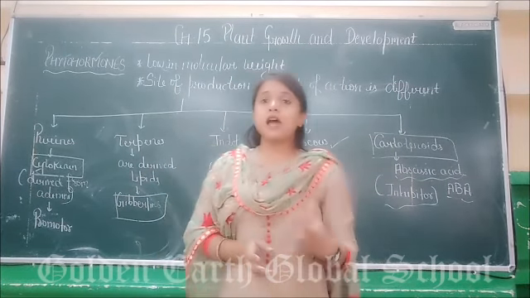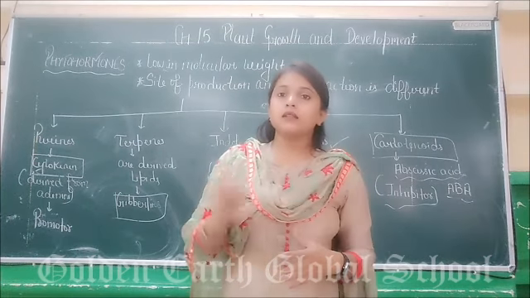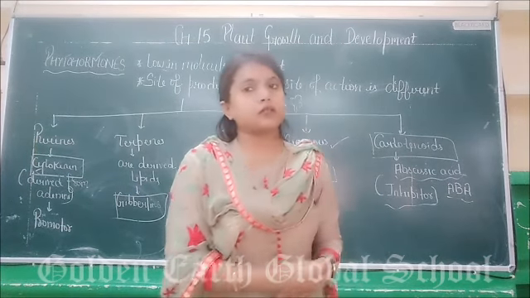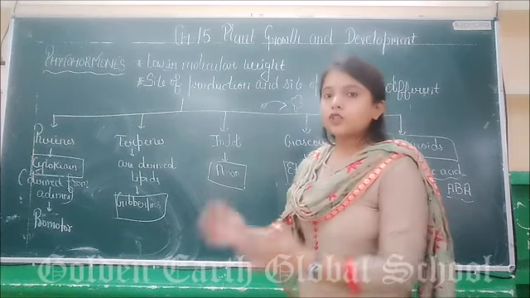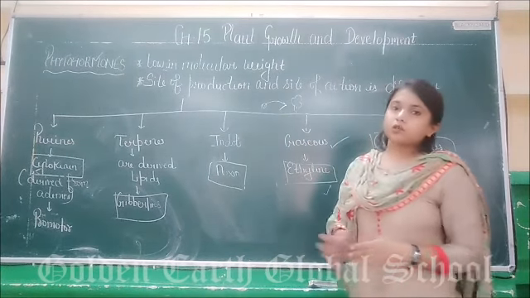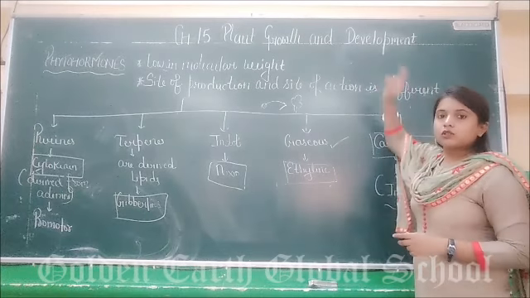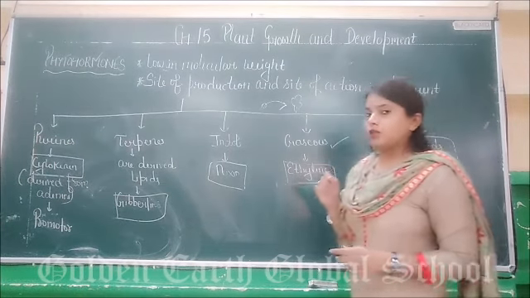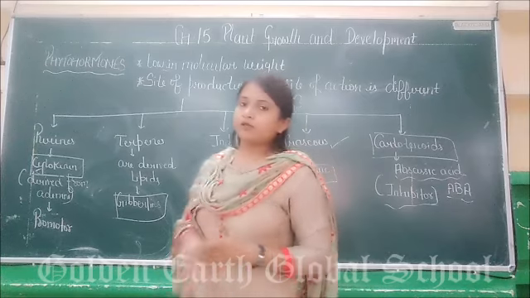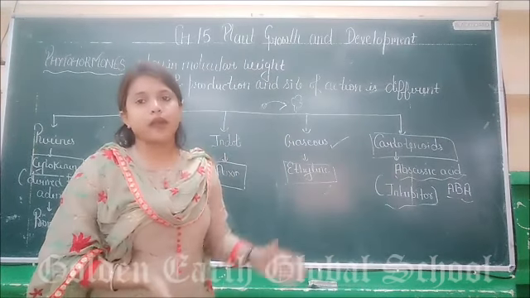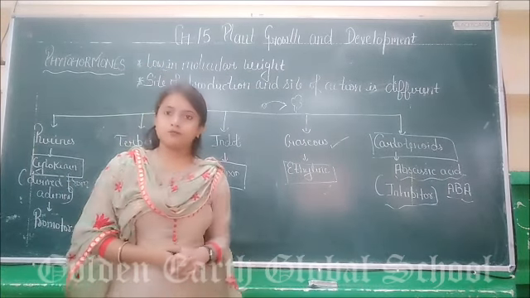Now the cells divide their work according to their function. The division of work according to function is known as differentiation. So development includes the sum of two processes, growth as well as differentiation, in which the cells divide their work according to their functions, right?